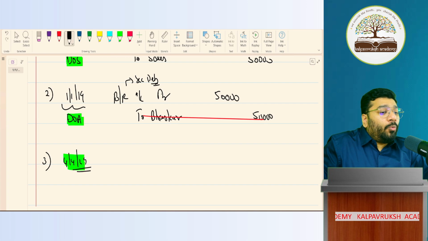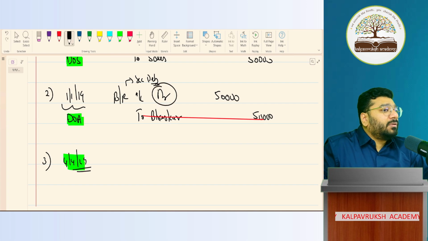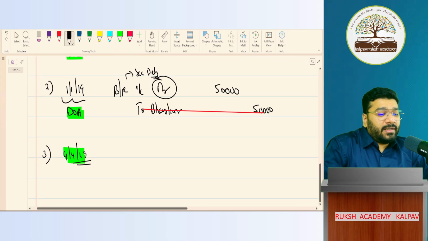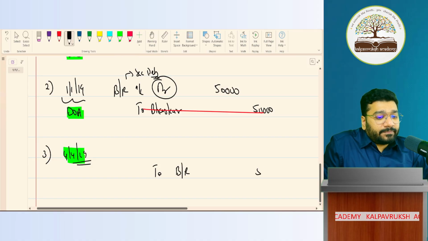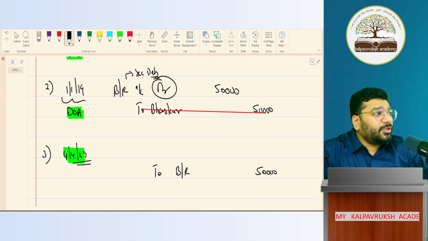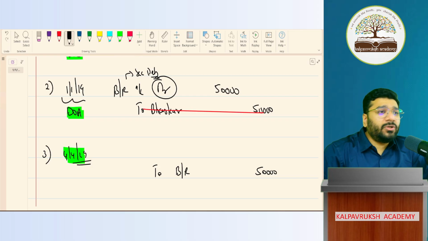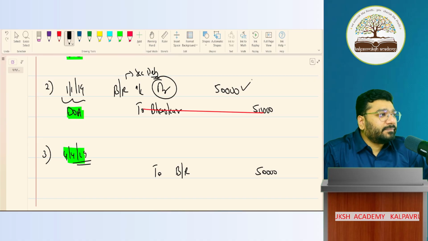So to open BR, to increase BR, you gave a debit. Now to cancel it, I have to give a credit. To BR account 50,000. You are closing the asset. My only question to all of you: you created this asset because you wanted money. Have you got your money? No. When will you get this money?